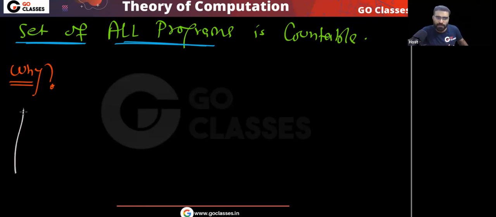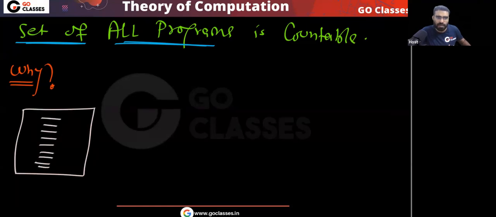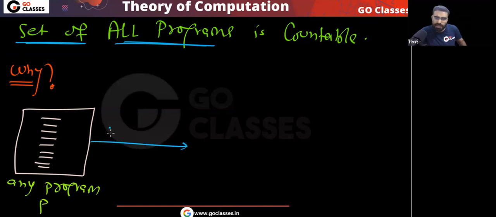If I give you any program, you can have a very big program. Let's assume this is any program P. Tell me how this program will look inside your computer. Let's assume you are writing a very nice C program, a very long program with 1 trillion lines.